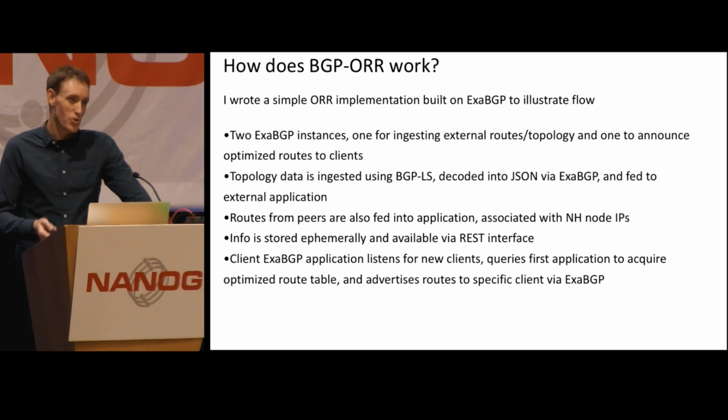So I simply query, via a REST interface on my main topology and network information acquisition application, with the client IP. And what that returns is the optimized routing table to advertise to the client. And like I said, there's nothing too fancy about this. That main application, when it gets a request, builds that table, does the SPF, and then returns the routes for an optimized way. It really was just a way for me to familiarize with the process that's running.